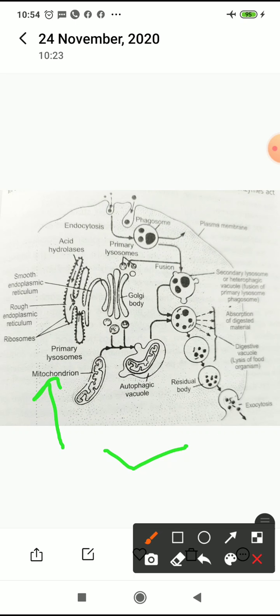This storage granule or primary lysosome is a small body and its enzymatic content is synthesized by the ribosomes and accumulated in the endoplasmic reticulum.